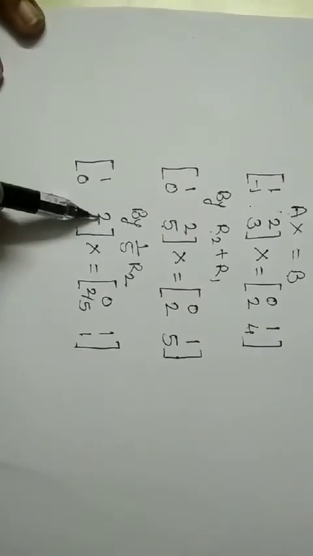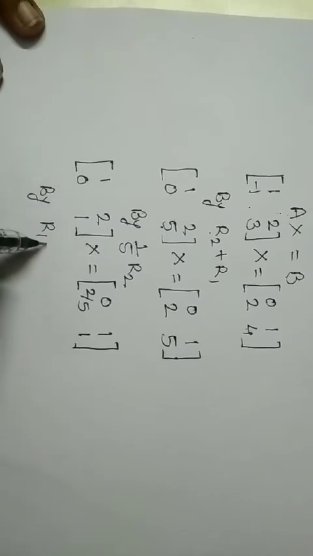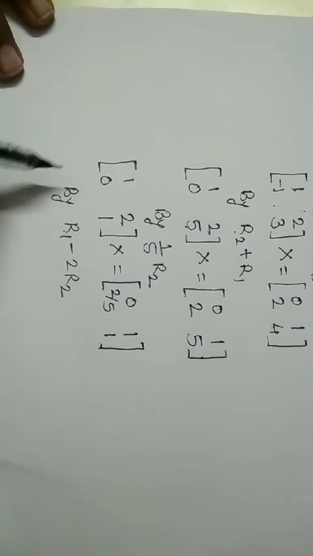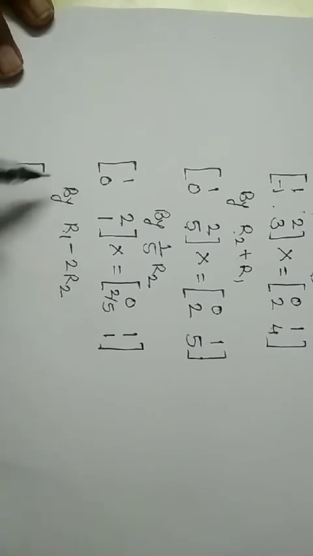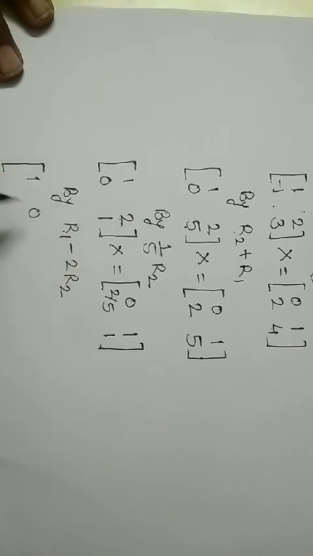Now reduce the element at the 1, 2 place to 0. Means reduce this 2 to 0. So by using the row transformation R1 minus 2 R2. Now there is a change in R1, means the first row. So here 1 minus 0 is 1, 2 minus 2 is 0.